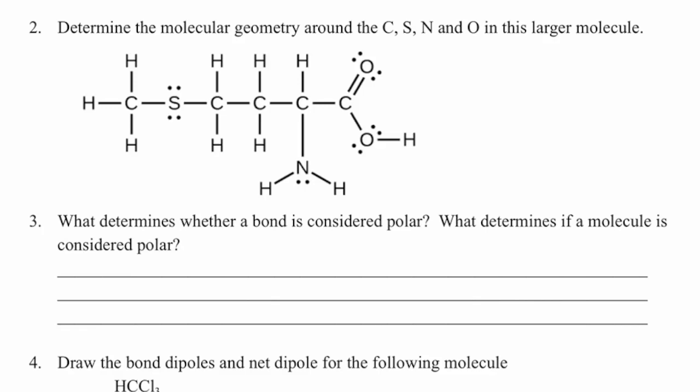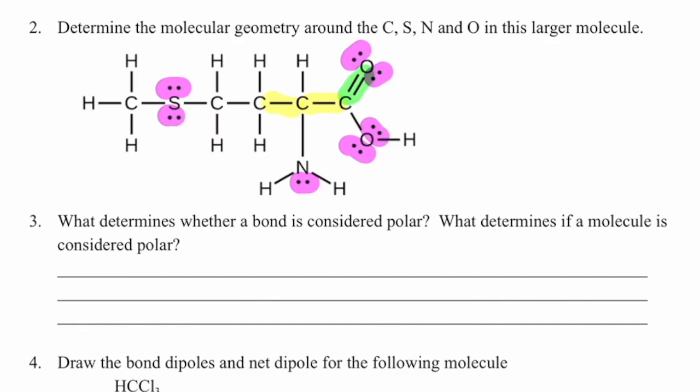We have an acid group, an amine group, a sulfur group, and the carbons that connect them. Remember, each single line is a single bond, any double line is a double bond, and any lone pairs denote an electron domain that is a lone pair. But that's not what the question is asking.